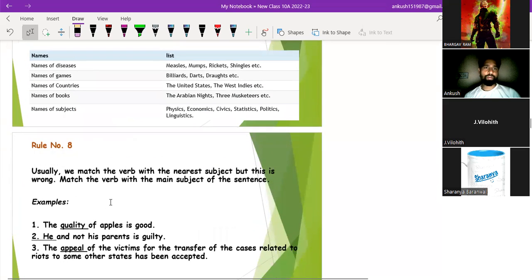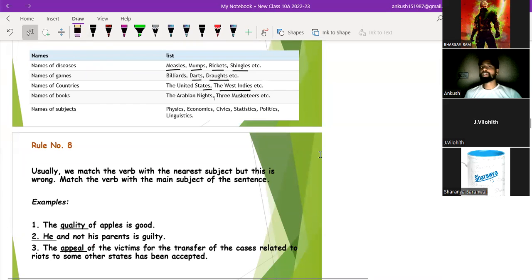For example, names of diseases, they are in plural, like measles, mumps, rickets, shingles, then billiards games, darts, draughts, names of countries like the United States, the West Indies, names of books, the Arabian Nights, Three Musketeers, then subjects, physics, chemistry, economics, civics, statistics, then politics, linguistics.